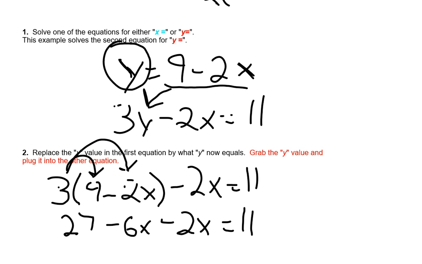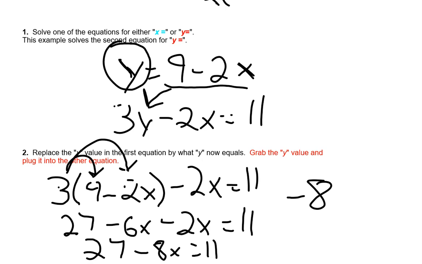Now I'm going to continue by solving this like I would solve any other equation. I've got 27 minus 8x equals 11. If I subtract 27 from both sides, 11 minus 27 would give me negative 16. So I'll have negative 8x equals negative 16.